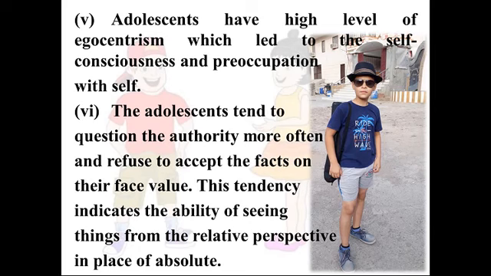So it's a very strange and very interesting stage of life. This tendency indicates the ability of seeing things from a relative perspective in place of absoluteness. When they question the authority, it indicates that they observe things, think and behave from a relative perspective in place of absoluteness.